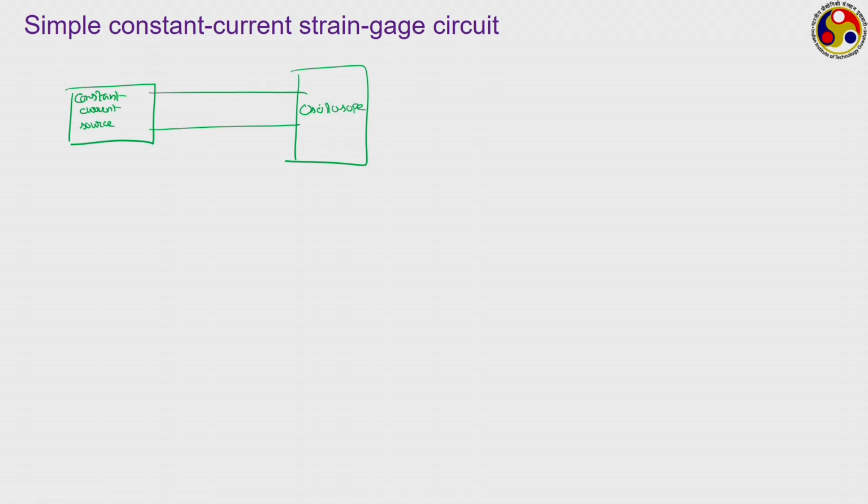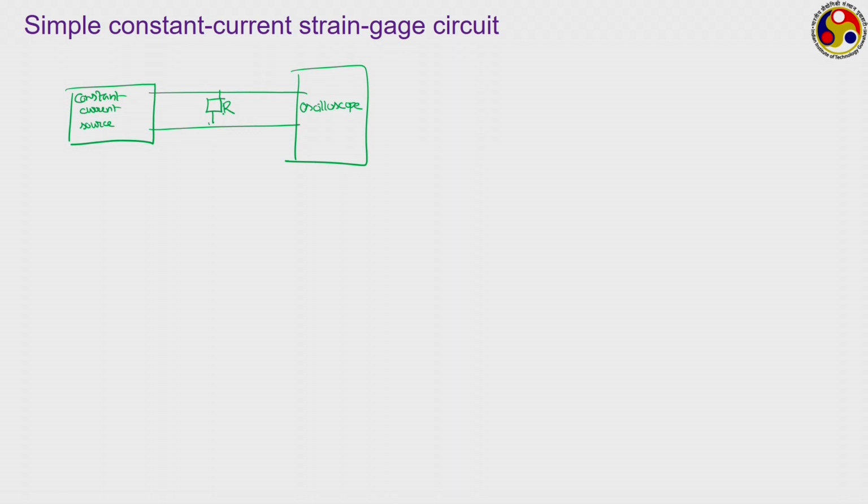This oscilloscope is going to indicate the voltage that we have at the output, but where is the strain gauge? The gauge is mounted in parallel to this constant current source. This is the gauge of resistance R.